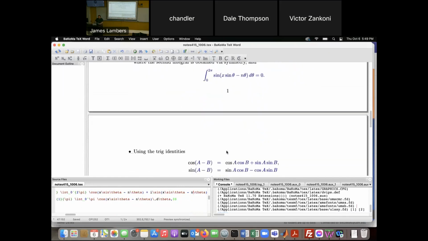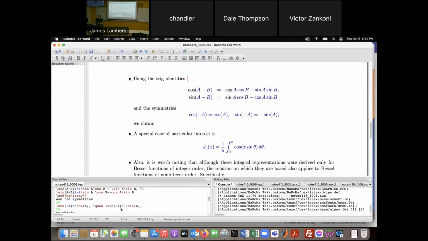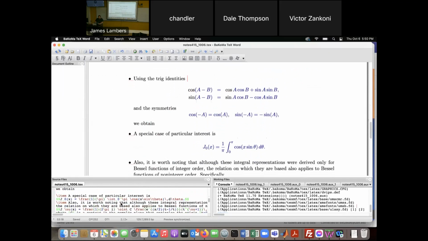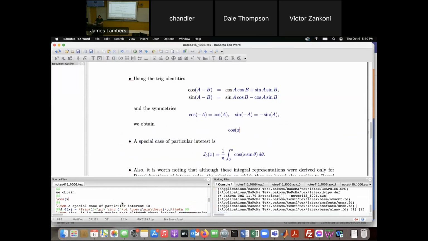So what happens when we do that? I have cosine of x sine theta minus n theta.